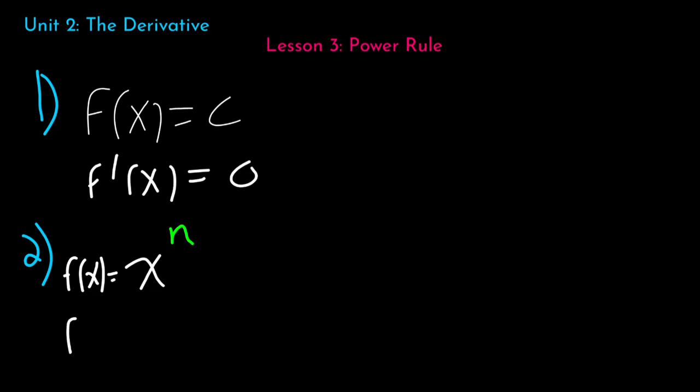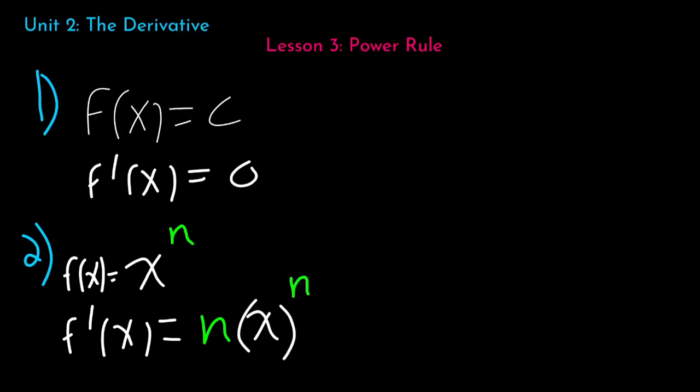And I take its derivative, f prime of x, how am I going to figure this out without doing any plugging into that big formula? The rule is that I'm going to multiply this n on the top to the whole function itself, okay? Leave the inner function alone, and then take the exponent and subtract its exponent by 1. So now it's not to the n, it's to the n minus 1.